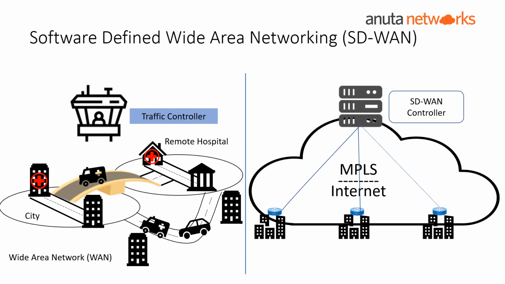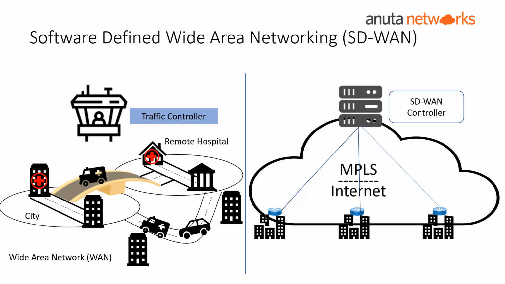The organizations now have the facility to get the best of internet and the MPLS worlds. And when I say internet, it could be broadband, 4G LTE, or even the upcoming 5G. The decision to switch the traffic between these links can be taken by a centralized SD-WAN controller. This helps the organizations to drive down the cost as now they can route some of the traffic via the inexpensive internet.